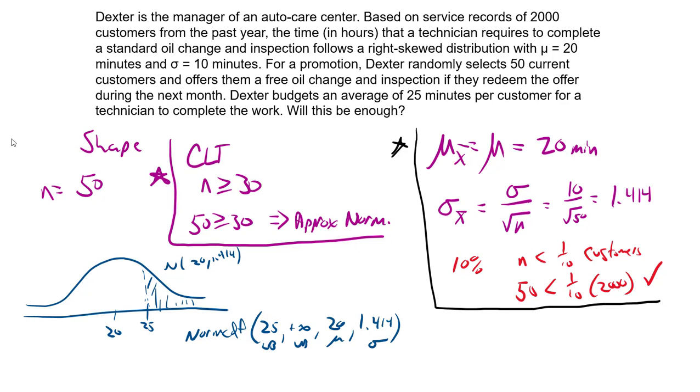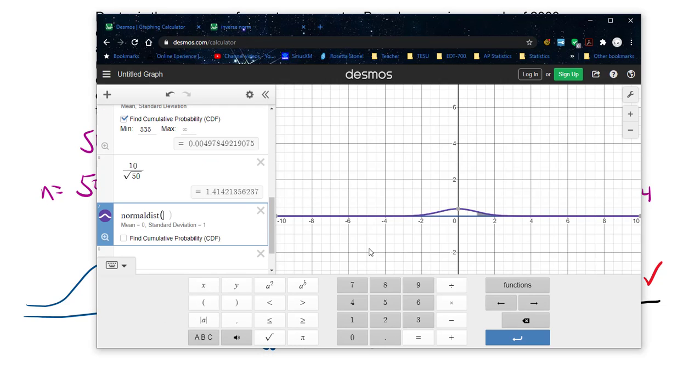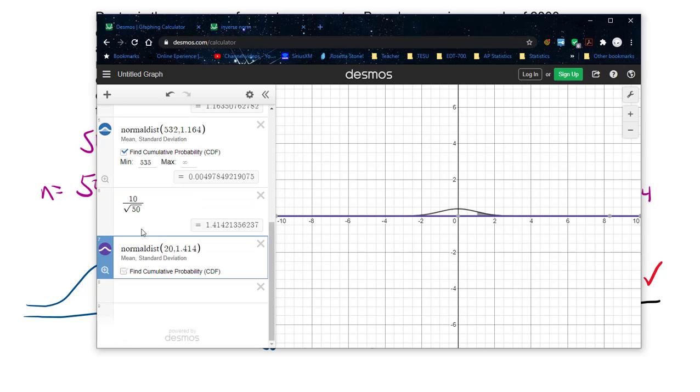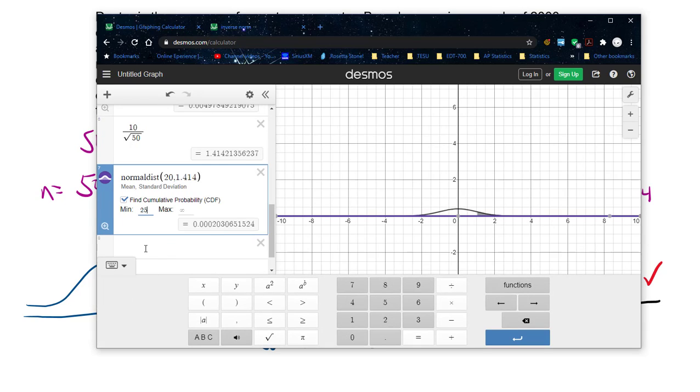Okay, now we can get the area under the curve that exceeds 25 minutes. So in the function or distribution, we say it's 20, comma 1.414, and we set our minimum value at 25 and go to positive infinity.